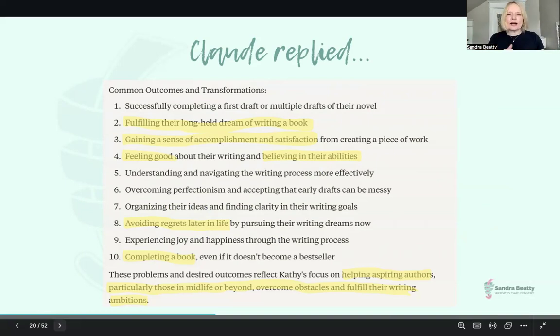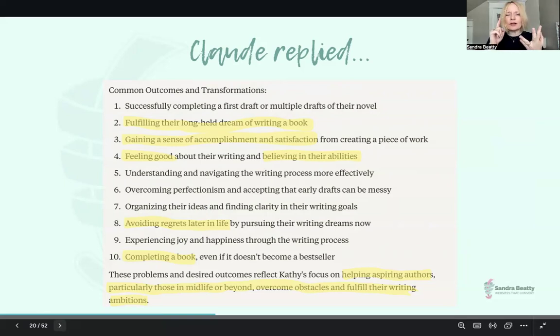And what I found, now when I wrote the page, I did not use Claude at the time because I didn't even know Claude existed. This was done at the beginning of the year that I had worked on this particular homepage, and so I would have done it a different way. However, what Claude did do was there was a common thing here, people wanting to fulfill a long-held dream to write a book.